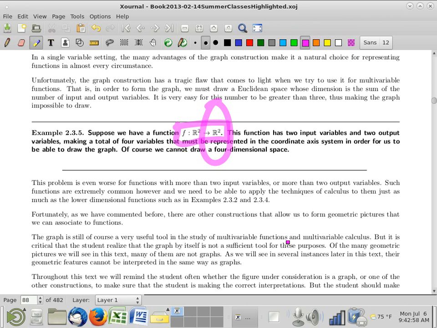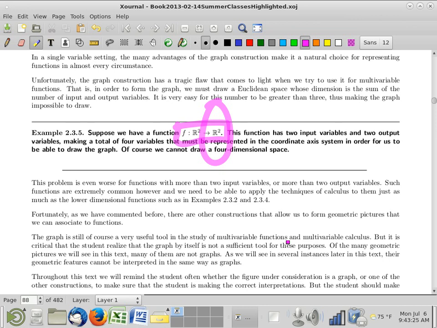So the graph of this innocent looking little function with a mere 2 inputs and 2 outputs is some sort of a creature that lives in R4. And I just can't begin to draw that. We just can't. Does it make sense? I mean, we don't have the physical experience to be able to visualize something, it's just too high dimensional.